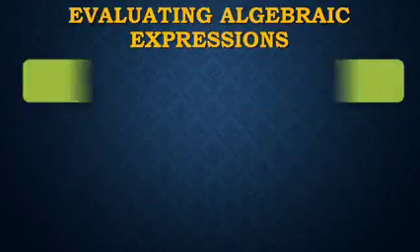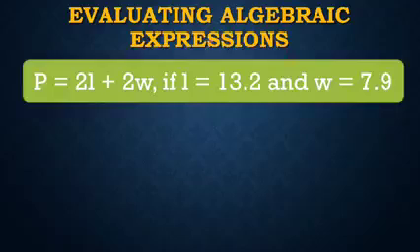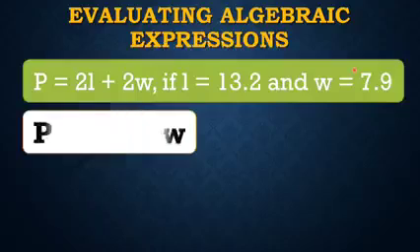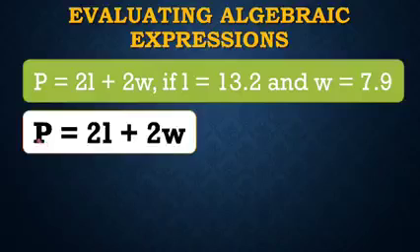Example. Find the perimeter, 2L plus 2W, if L is equal to 13.2 and W is equal to 7.9. Copy first the perimeter, which is 2L plus 2W. Again, recall natin, anong perimeter ito? This is the perimeter of a rectangle, that is getting twice of its length and twice of its width.